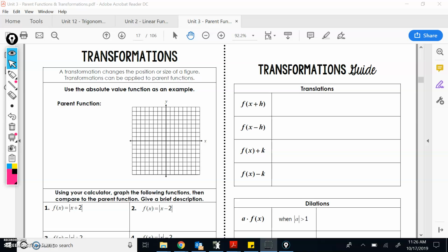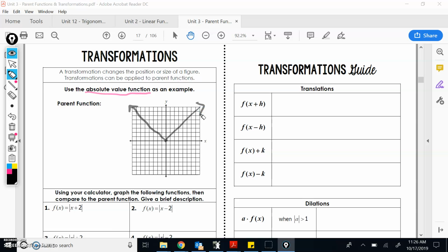Now, transformations, this is the important part of the parent function video. So let's start with the parent function of the absolute value function of x. That parent function, I'm going to put in black here, looks like this. There we go.